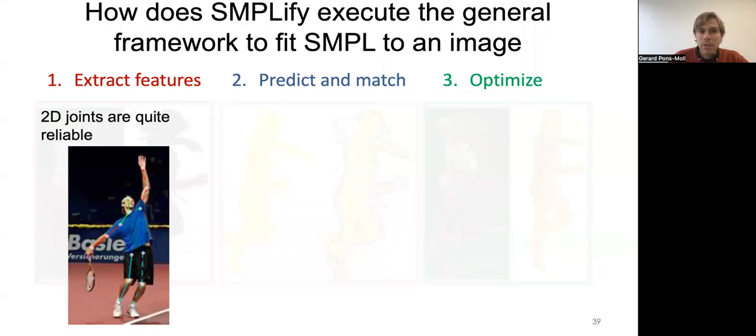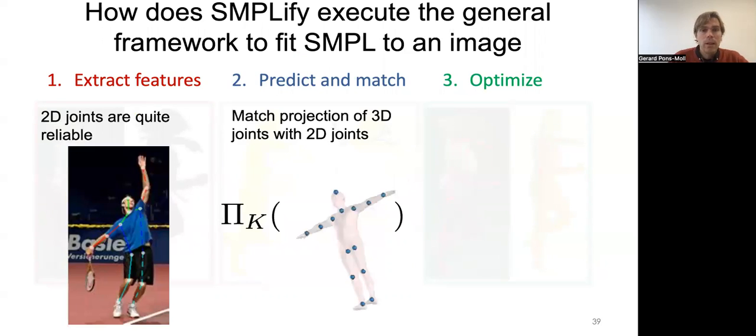So it's again extracting features, but now the features are 2D joints, which are quite reliable. And then you have the predicted match. You can project the 3D joints of SMPL into the image. And now going back to this characteristic of features, whether they are differentiable and whether they are easy to predict and easy to compute, clearly 2D joints are the easiest feature to compute from a body model.